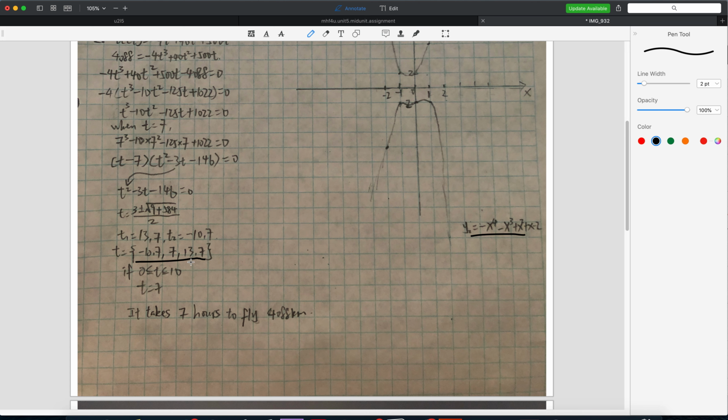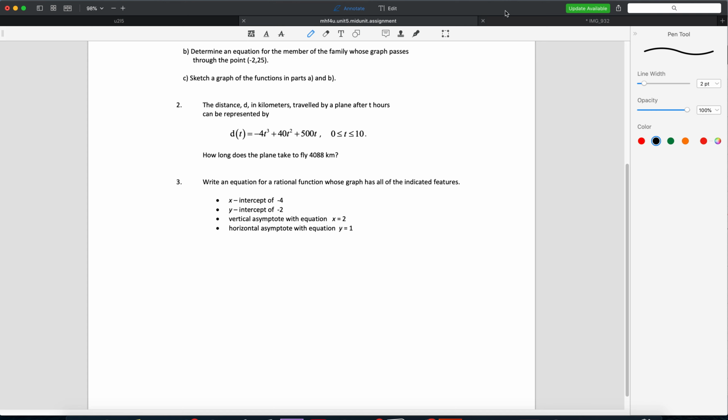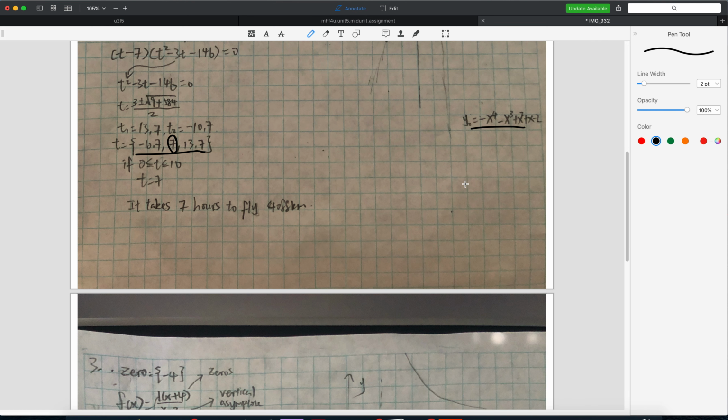So the 7 here is the only answer that could work for this question. So the 7 is the final answer. So it needs 7 hours to fly 4,088 kilometers.